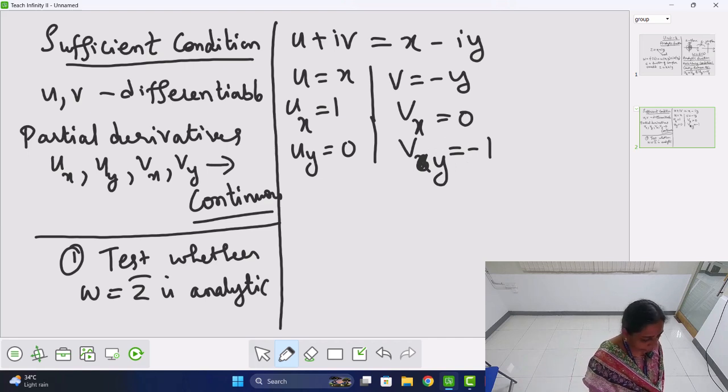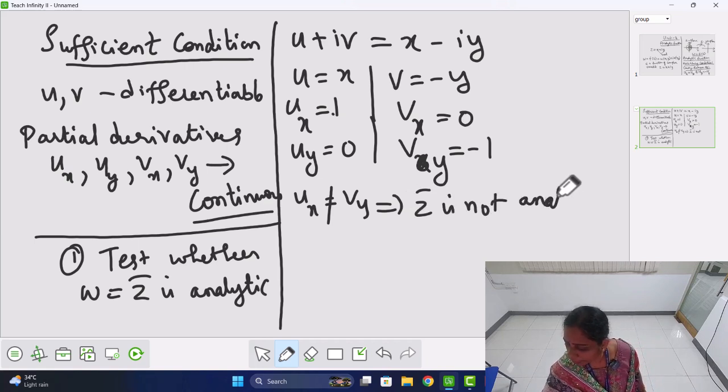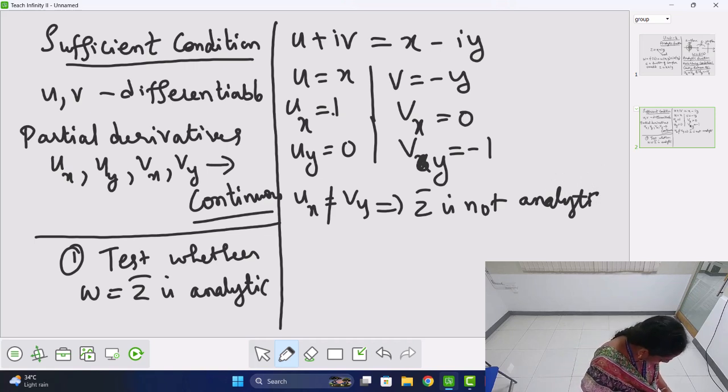Clearly, the first condition is ux equal to vy. Is it satisfied? ux is 1 and vy is minus 1, so they are not equal. Since the first condition itself is not satisfied, z bar is not analytic. So, another problem.